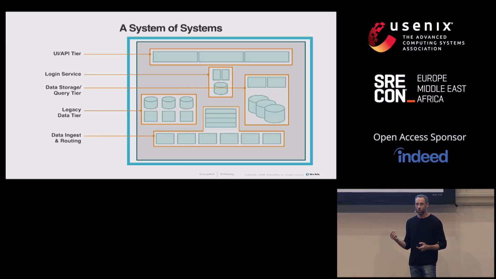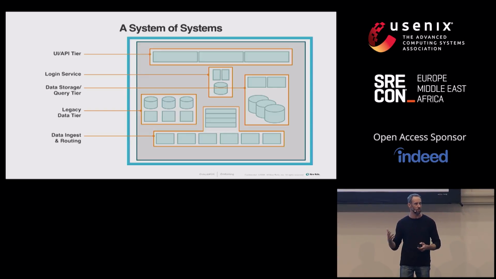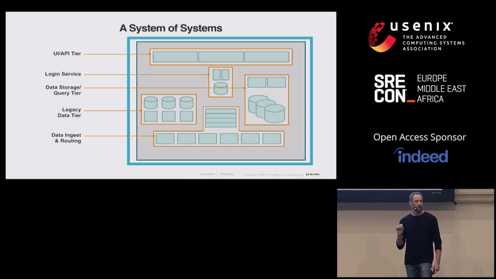And at most organizations, including at New Relic, team boundaries tend to line up pretty well with system boundaries, which makes it a little bit easier to draw this kind of a map. And we're going to focus on defining SLIs and SLOs at these system boundaries, because those boundary SLIs and SLOs are the most highly leveraged.